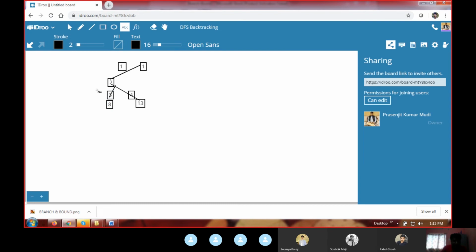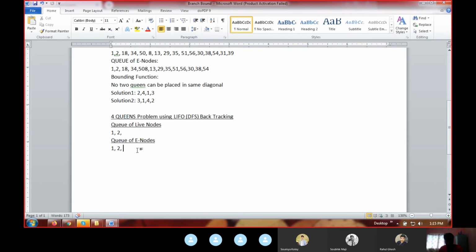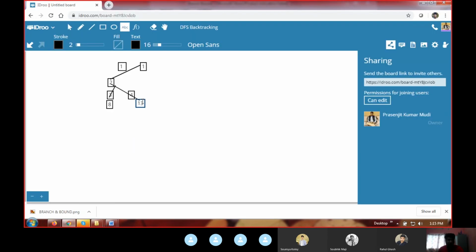Next what? At this moment the live nodes are 8 and 13, and the next E node will be 8, because node 3 was deleted.